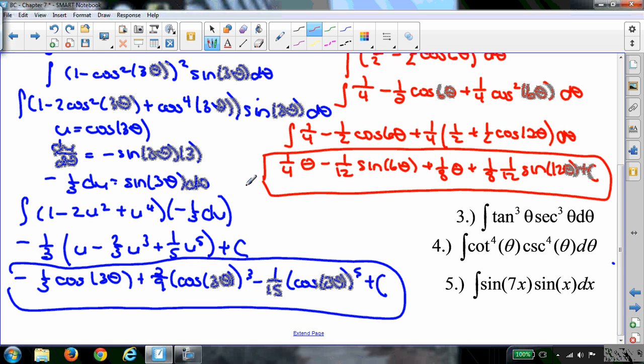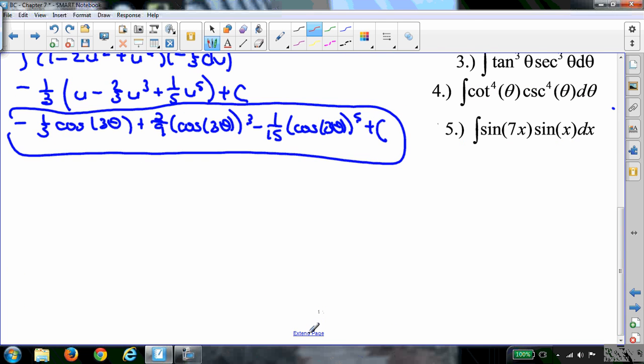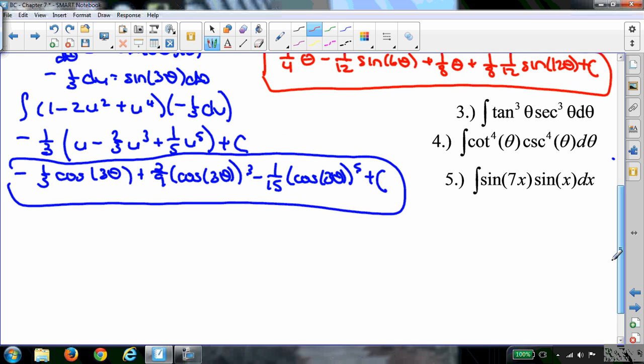So 1/4 theta minus 1/12 sine 6 theta plus 1/8 theta plus 1/96 sine of 12 theta plus c is our final answer. That's what you typically do with sines and cosines.